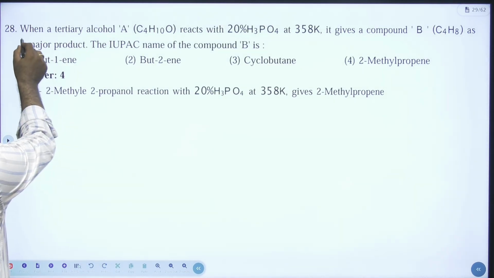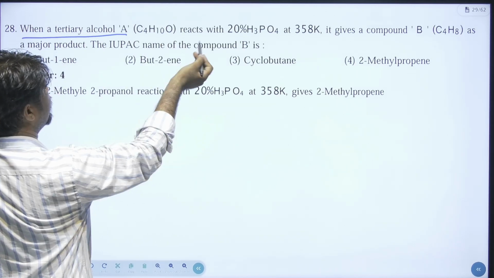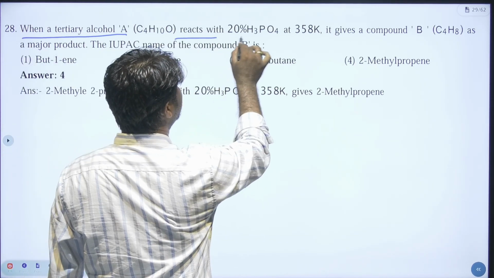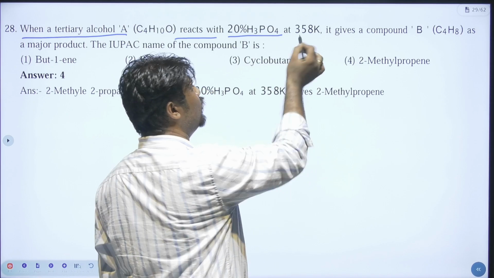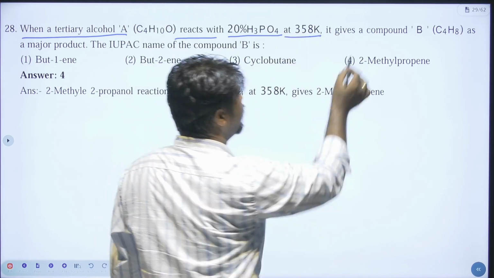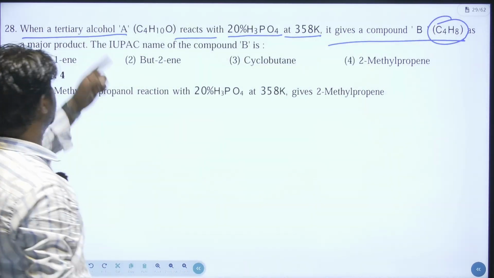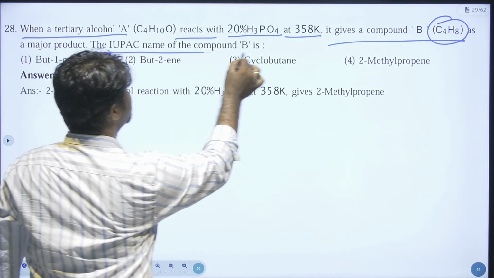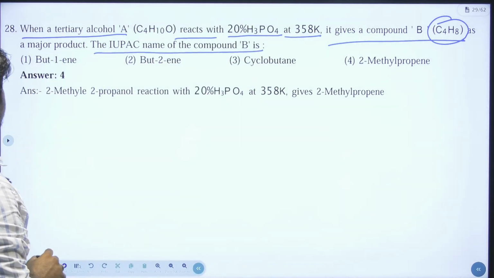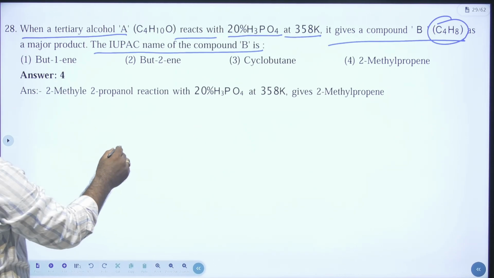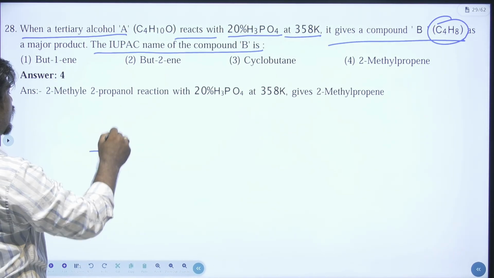When tertiary alcohol A reacts with 20% H3PO4 at 358 Kelvin, it gives the compound C4H8 as the major product. The IUPAC name of the compound B is. Here, this is a tertiary alcohol.